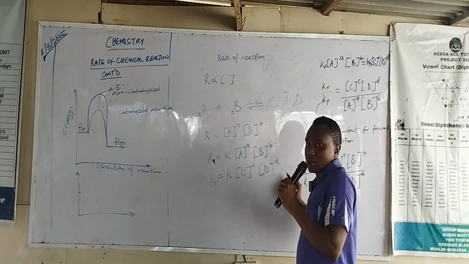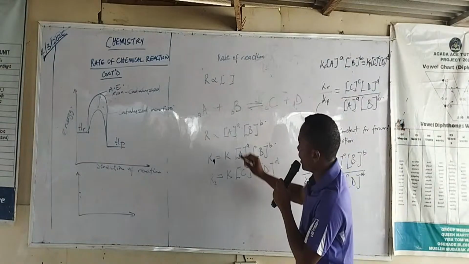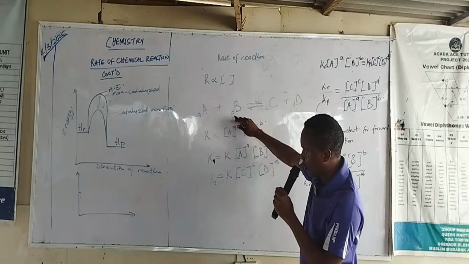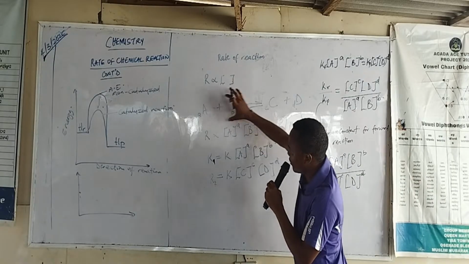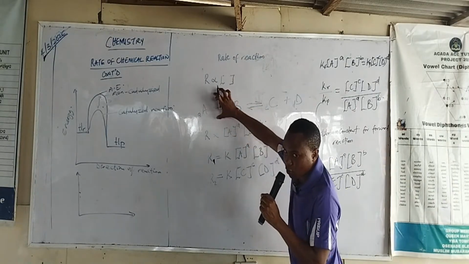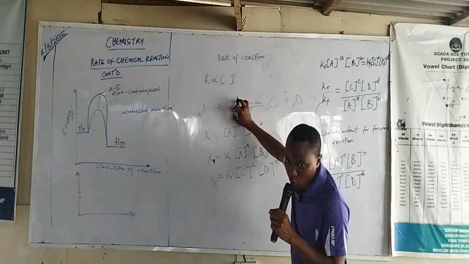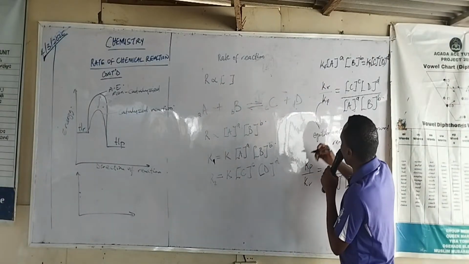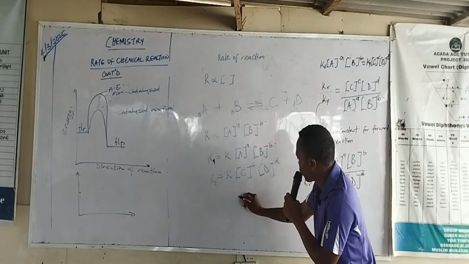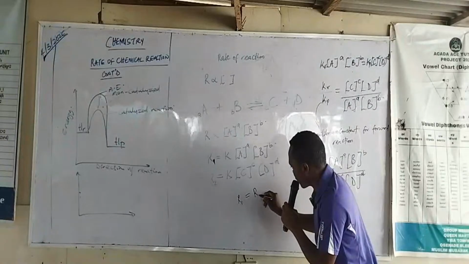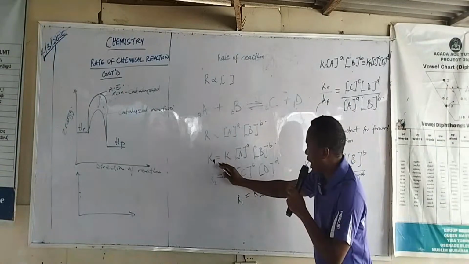K, and this, Abi? At equilibrium, if the system is at equilibrium, this particular forward reaction will be equal to the backward reaction. So at that particular point, we can now say that R1 is equal to R2. What is R1?